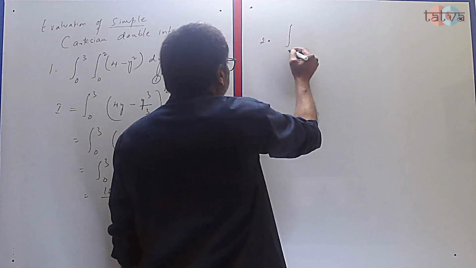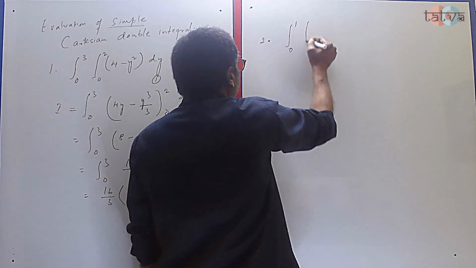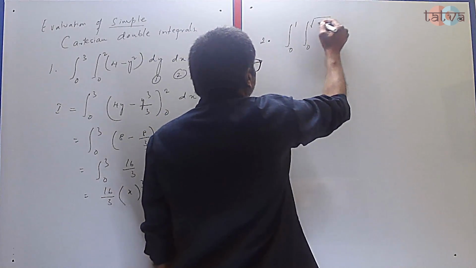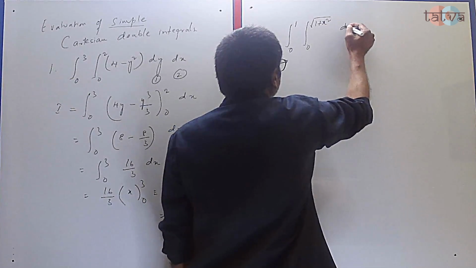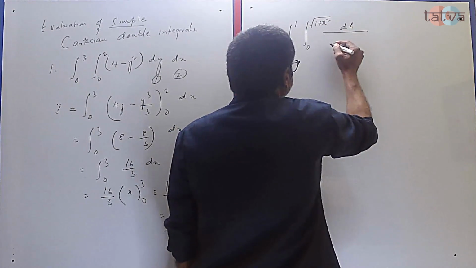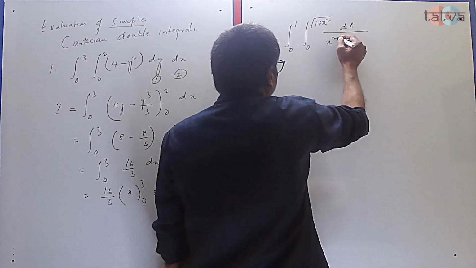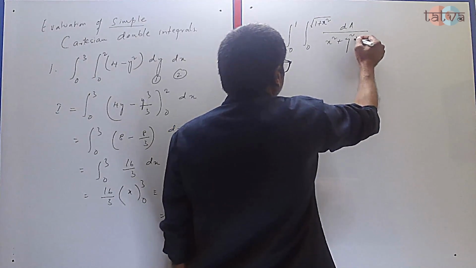So let us consider 0 to 1, 0 to square root of 1 plus x squared, dA by x squared plus y squared plus 1.